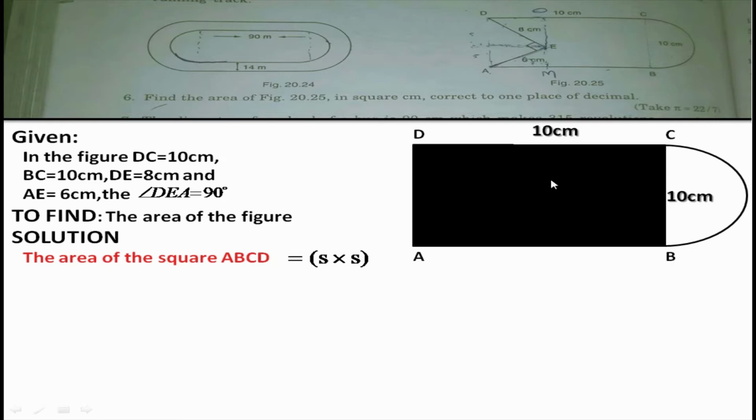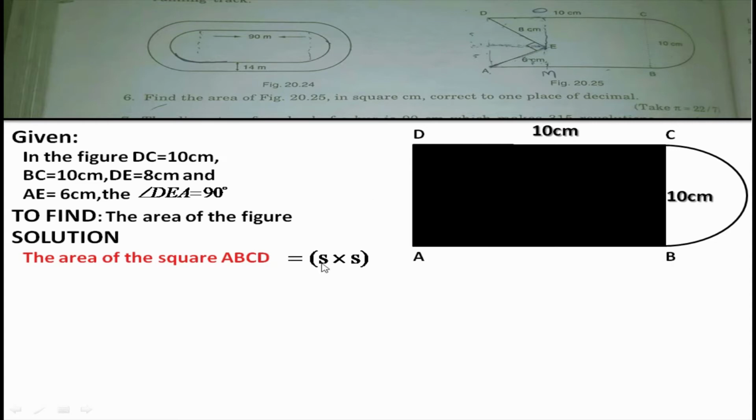Even though it looks like a rectangle, it is a square because in the question the dimensions of this shape are same. That means we have to consider this shape as a square.